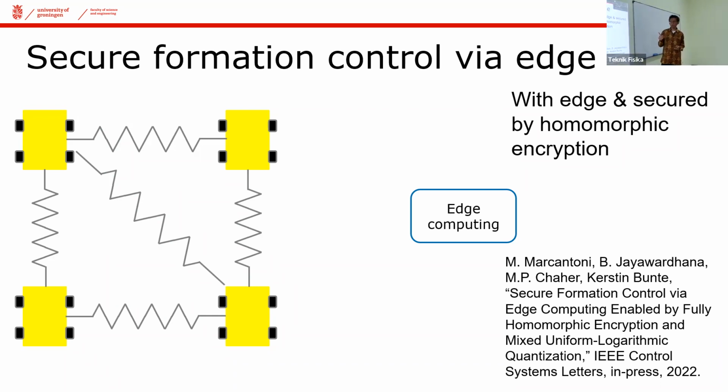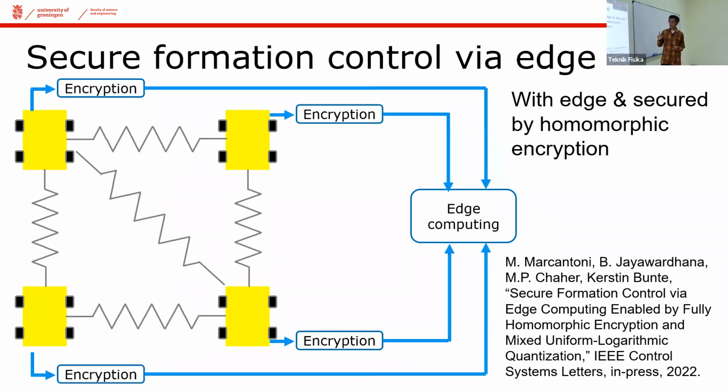And the way we try to realize that is actually using homomorphic encryption. The way we do that is everything is encrypted, and at Google or at the edge computer, they just compute everything on the ciphered data. So they are not allowed to decrypt it, or they do not have the key to decrypt it in the first place.